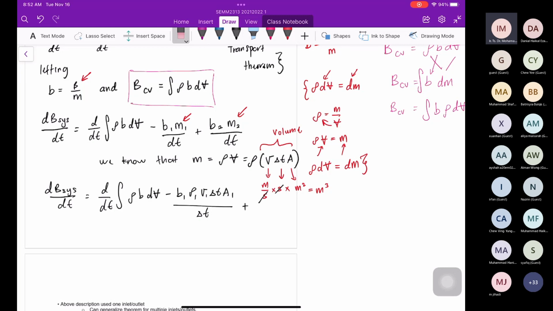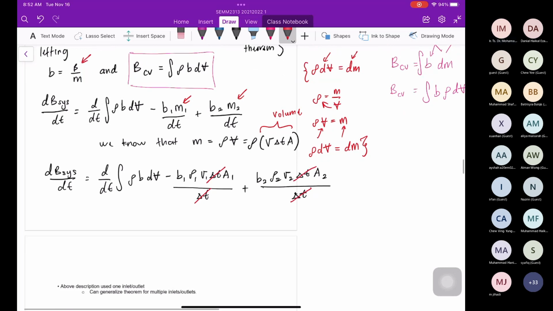Plus b2, rho 2, velocity 2, delta t, area 2, divided by delta t. Now I can cancel delta t and delta t.